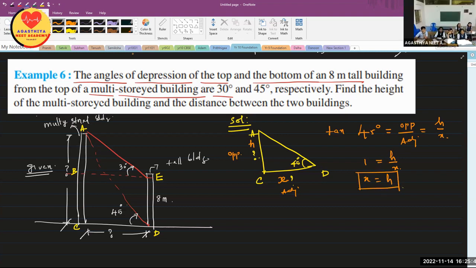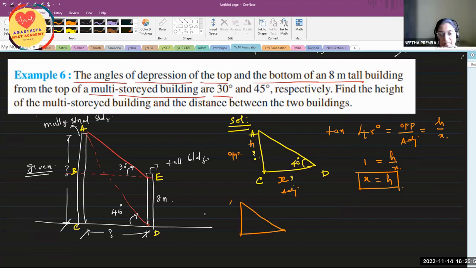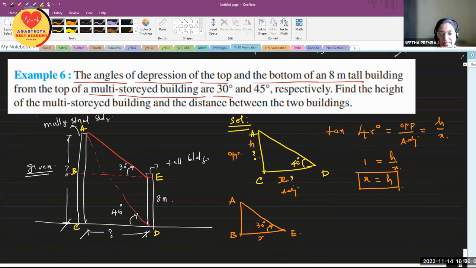Then come to the second triangle, that is ABE. Now this is 30 degrees, and this I keep as X. This is AB, I just let it be. Now we want to find this.